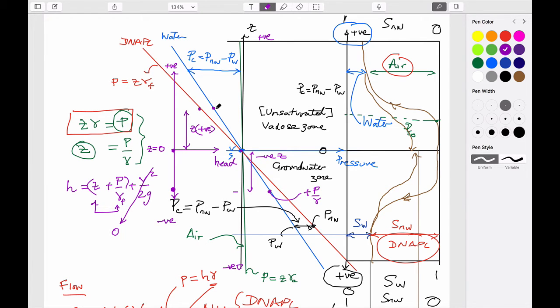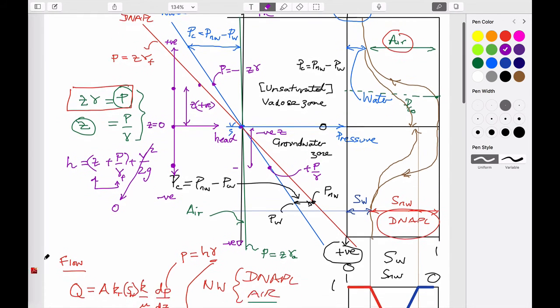But we said that the pressure is equal to minus Z times unit weight. This term now is a negative value. This is a positive value. And so the value of the head at this position is this. And so that's important. So it's exactly what you'd expect.